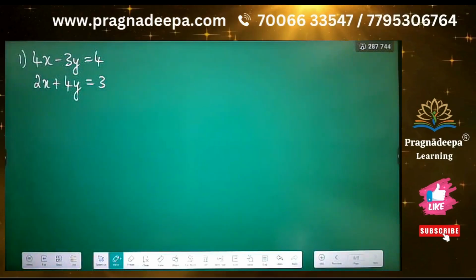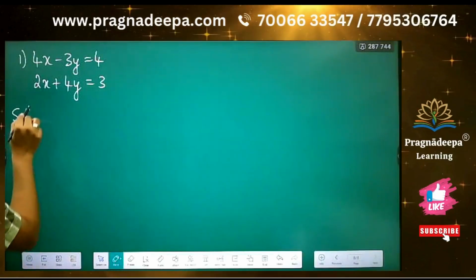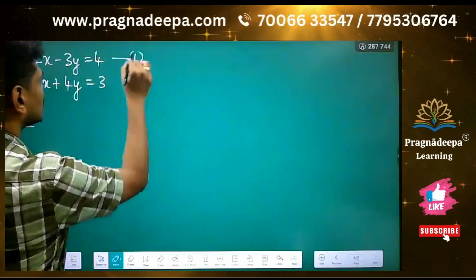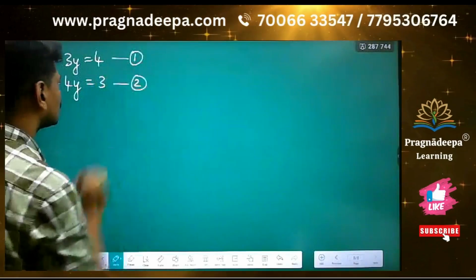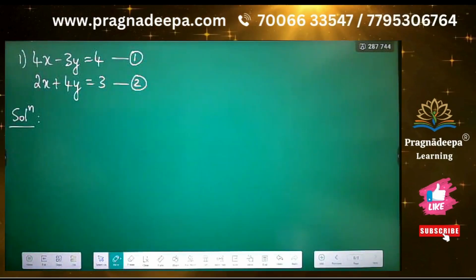I have taken a problem with a few fractions, it is a challenge. Let us try. Now what we will do, we will call this equation number 1 and this equation number 2. Any one equation you can take, either equation 1 or equation 2.